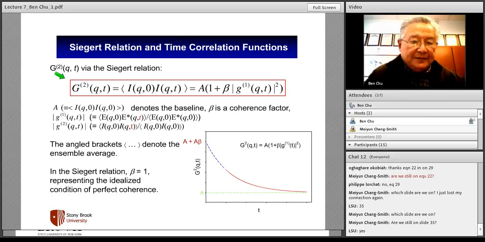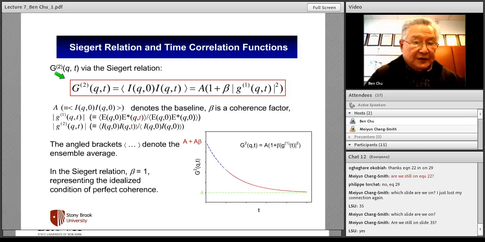This is the second order time correlation, intensity times intensity. So this is the second order intensity time correlation function expressed as a function in reciprocal space of Q and time.